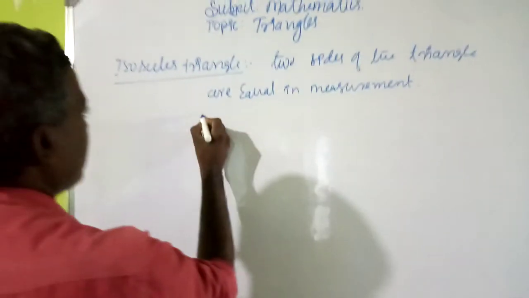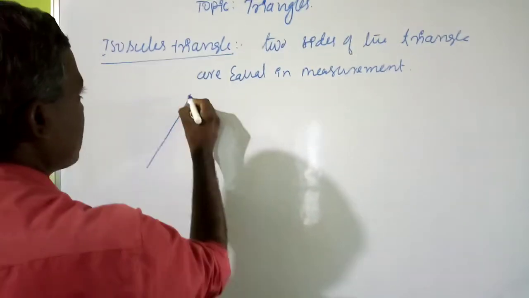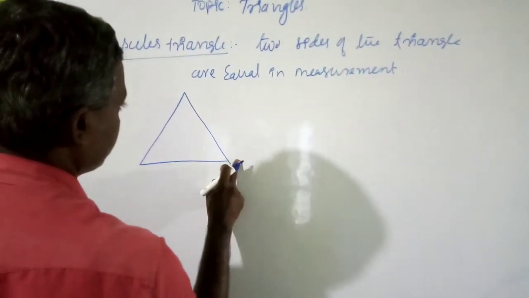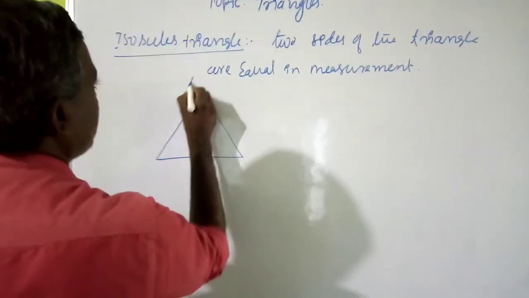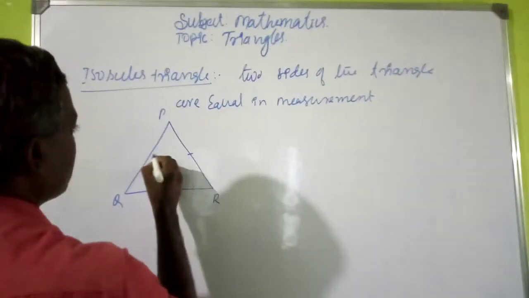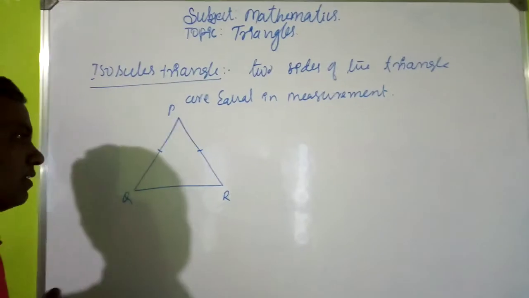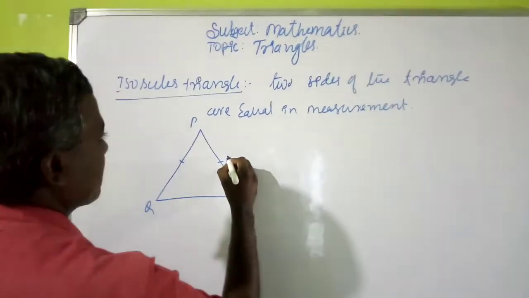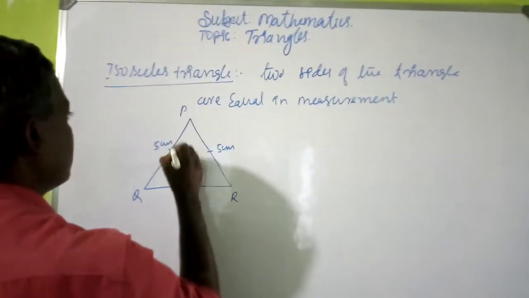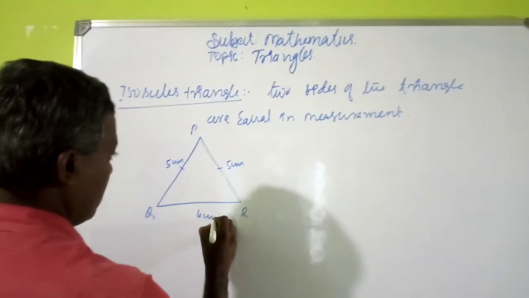Okay, for example, let us observe this diagram. This is PQR. This is one side, this is another side. These two sides are equal in measurement. For example, this is 5 centimeter, this is 5 centimeter, and this is about 6 centimeter.